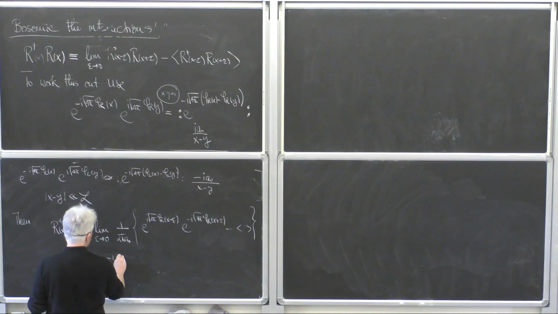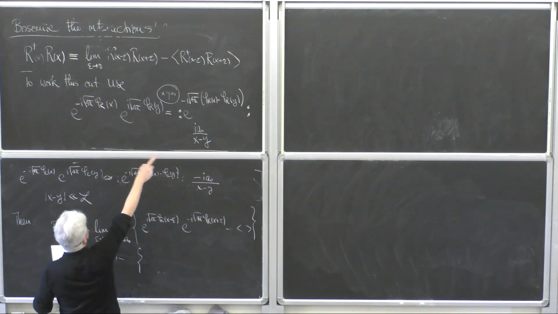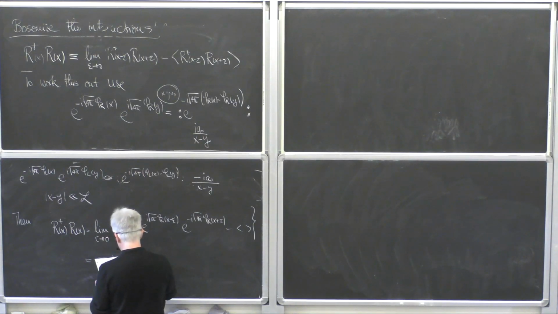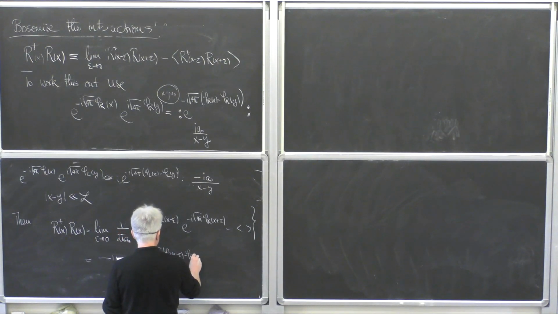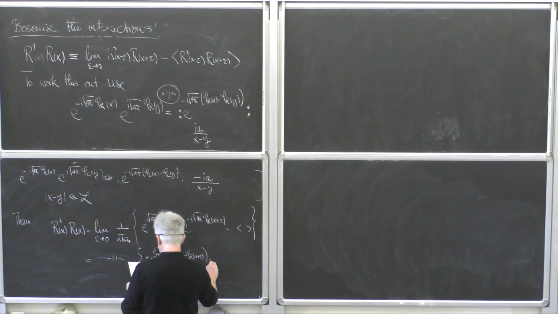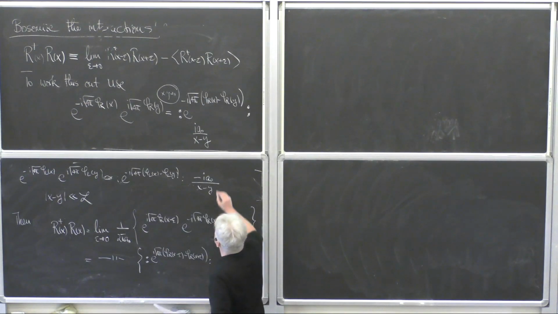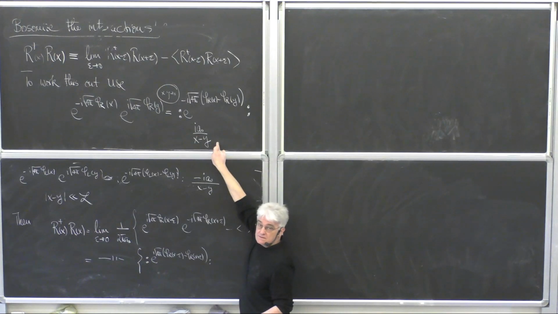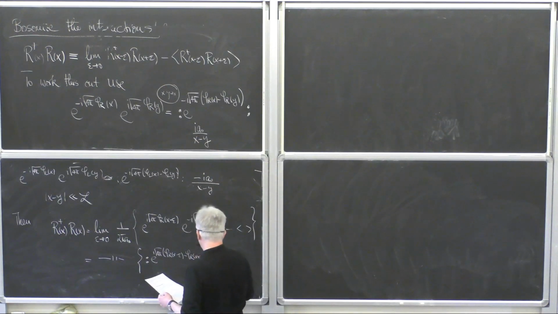And this is the limit. Now I use this formula up there, so I get here the normal ordered vertex operator e to the i square root of 4 pi (phi right of x minus epsilon minus phi right of x plus epsilon). And then from here, I get an extra factor, a naught divided by 2i epsilon.